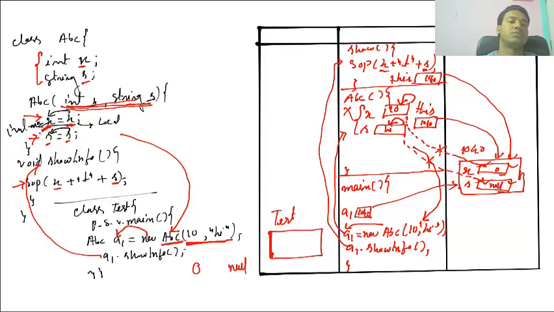So to overcome this problem, the local variable you refer to directly, fine. So you have to write here this dot x is equal to x. This dot x means the instance variable x, so x should be stored into the instance variable x, and this dot s is equal to s.